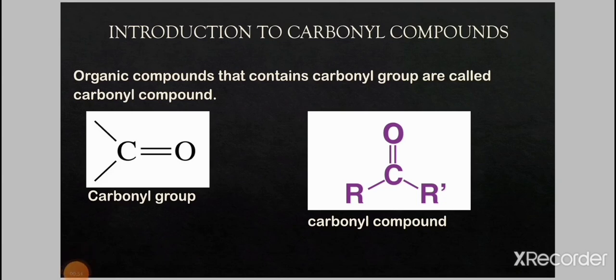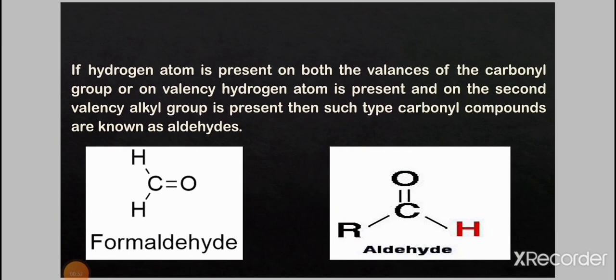Basically, there are two types of carbonyl compounds, that are aldehydes and ketones. What are aldehydes? If a hydrogen atom is present on both the valencies of the carbonyl group, or on one valency a hydrogen atom is present and on the second valency an alkyl group is present, then such carbonyl compounds are known as aldehydes.